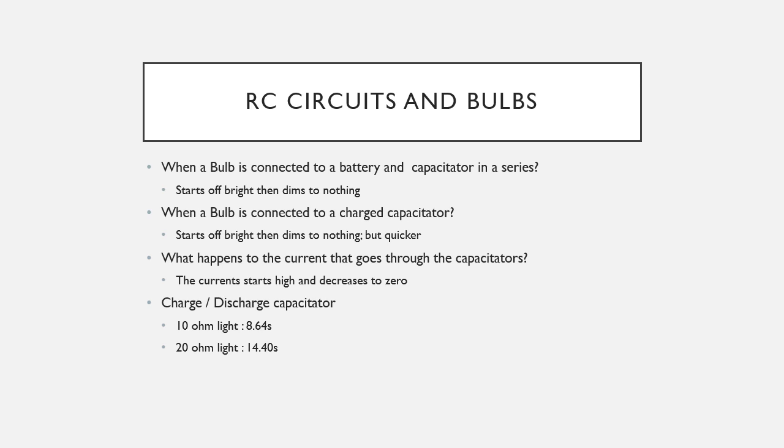And when we did this experiment, I was seeing how long it took to charge or discharge a capacitor. When there was 10 ohms of light, it took 8.64 seconds, and when there was 20 ohms of light, it took 14.4 seconds.